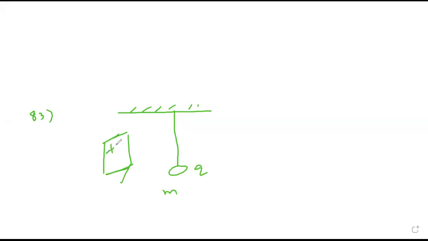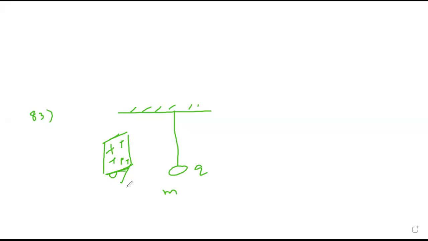Sum number 83. A small charged particle of mass m and charge q is suspended by an insulated thread in front of a very large conducting charge sheet of surface charge density sigma.